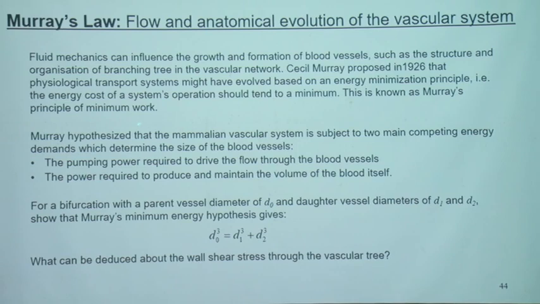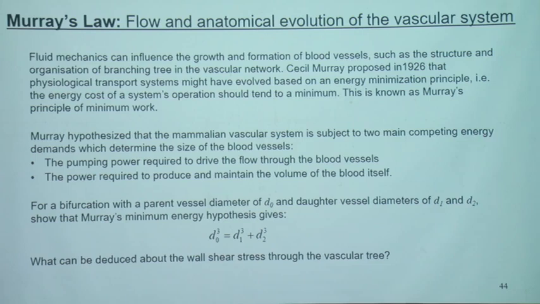So the hypothesis is that in mammals, the vascular system is subject to two competing energy demands. The first is the pumping power required to drive the flow through the blood vessels. For students studying engineering, we know that if you have a pump, then you need a driving force, so the pumping power.